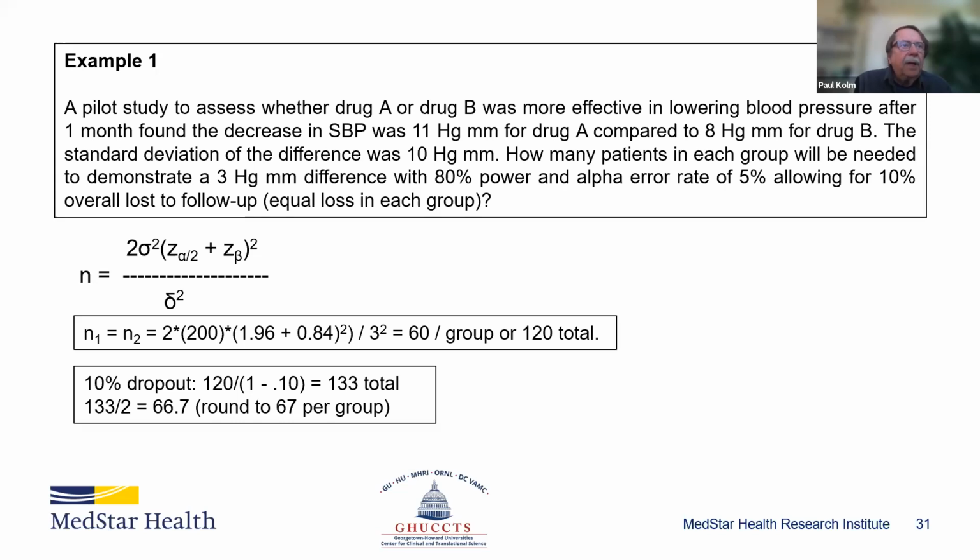If you have a number that turns out to have a decimal in it, regardless of what the decimal is, you always round up. Well, I guess I usually don't round up if it's less than 0.1, but even if this was say 66.1 or 66.2, I'd round up to 67. So that then tells us that we need 67 per group, or we would have 134 total subjects in this study.